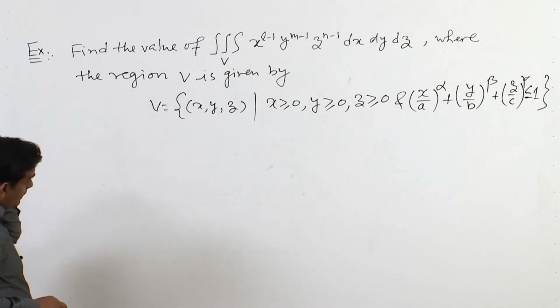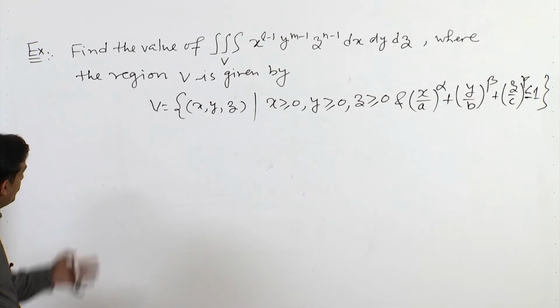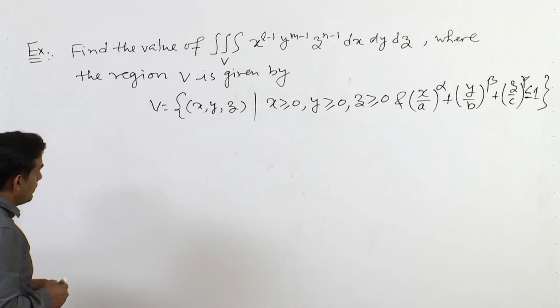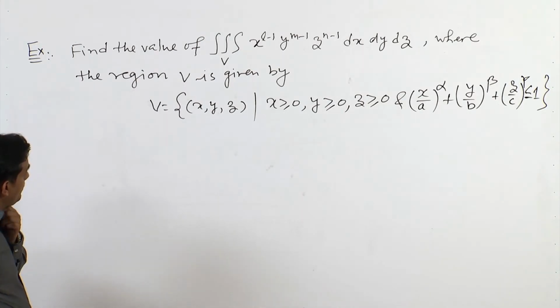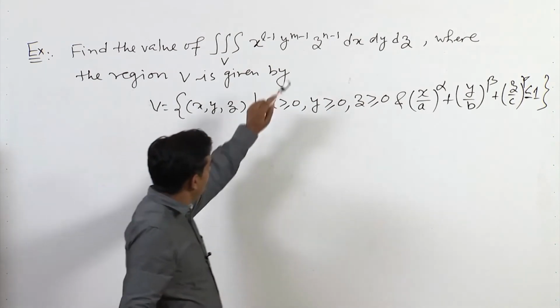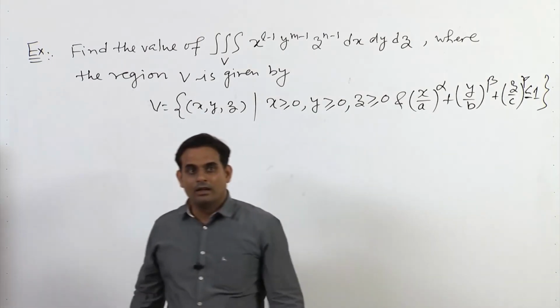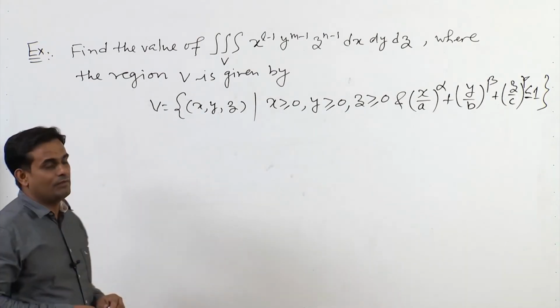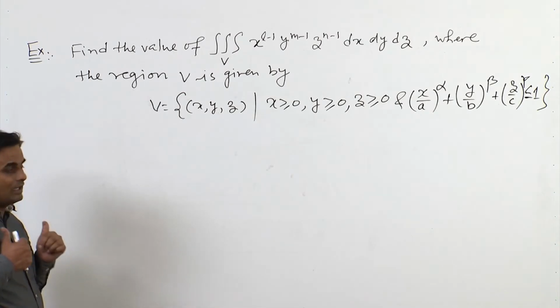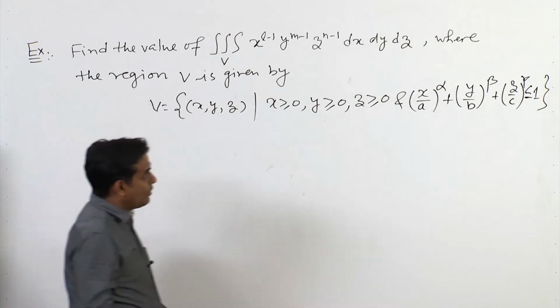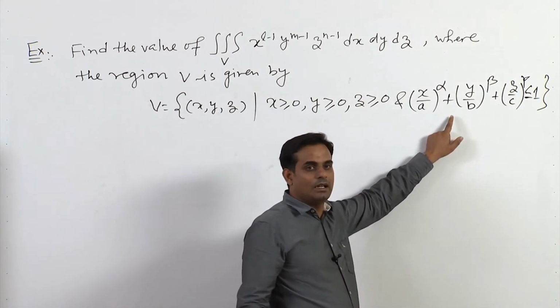So, now let us try to solve this example. So, here we can apply the Dirichlet integral formula in this example by looking at the problem. However, our region is different. So, first of all, what we need to do? We need to change our region according to the Dirichlet integral formula.